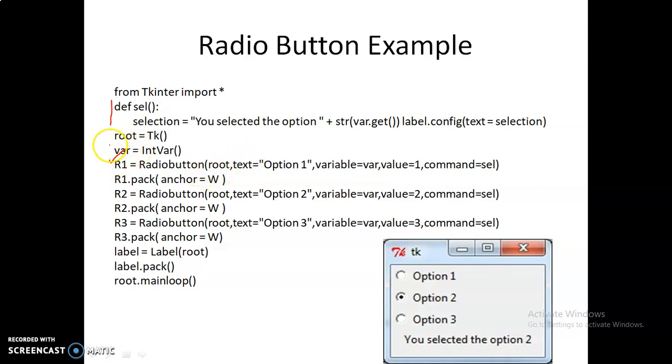Root is our main window, created here as root. Text equals option 1, variable equals var. Observe that you need to specify the same variable name for all 3 radio buttons. Value is 1, 2 and 3. Command is the same method, executed whenever you click on these radio buttons. This is the output for these radio buttons.